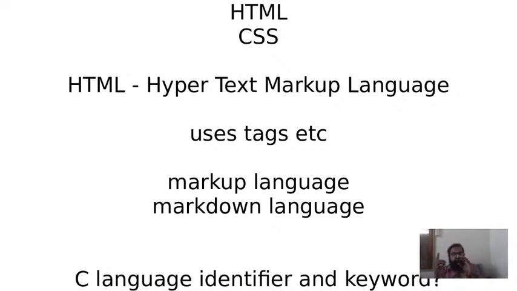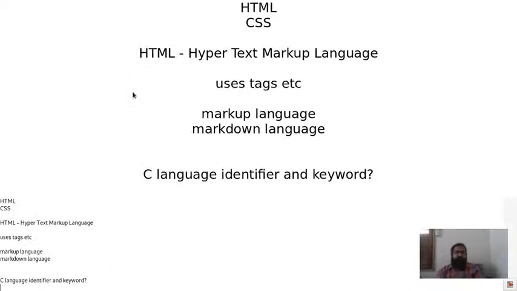It cannot start with a numeral, and it cannot start with certain characters, etc. A keyword is an identifier which is reserved. That's the difference between identifier and keyword.